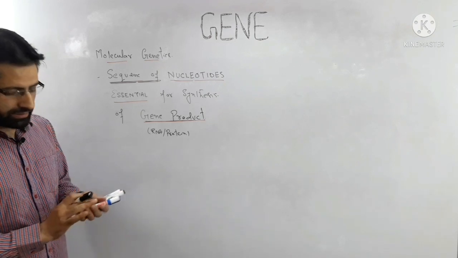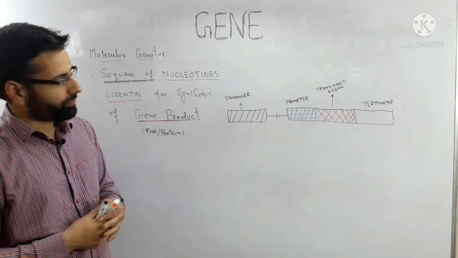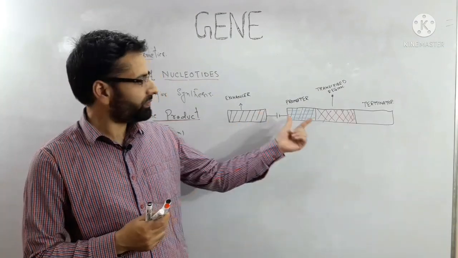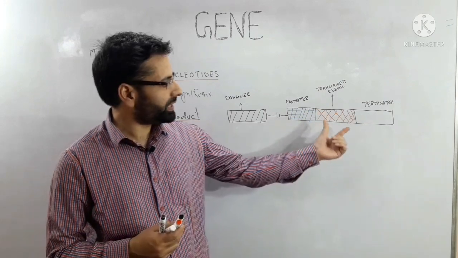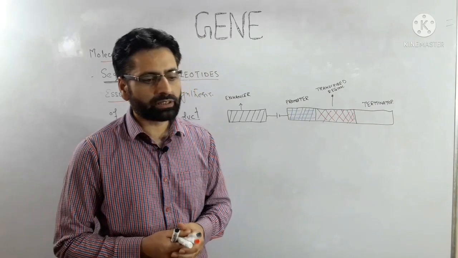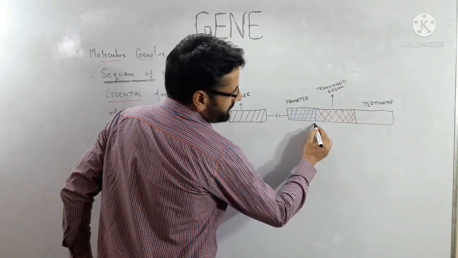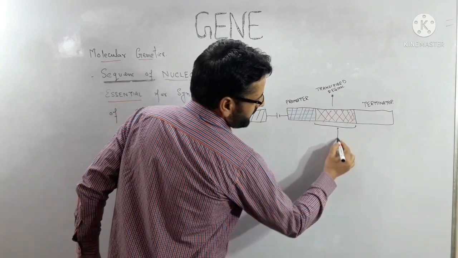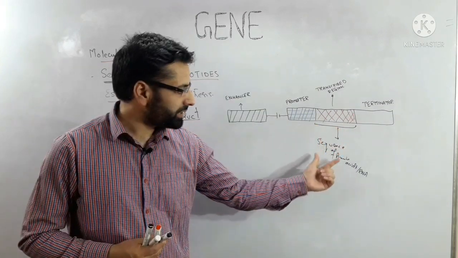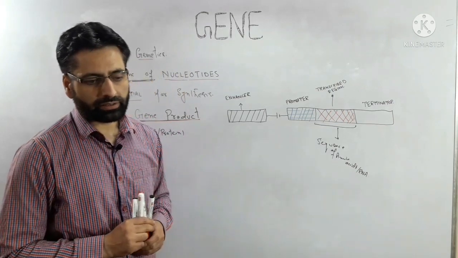if you take the structure of the gene, here you will find the enhancer, then you will find the promoter, then you will find the main transcribing region, then you will be having this terminator. And only this transcribing region, this one, is getting translated into the sequence of amino acids or RNA.